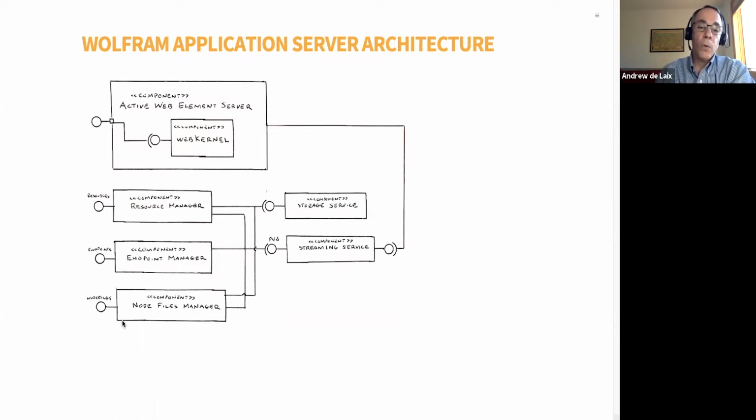So you put this whole thing together. That's Wolfram Application Server. When all these pieces are working, you're able to create and deploy and present to your users Wolfram language content.